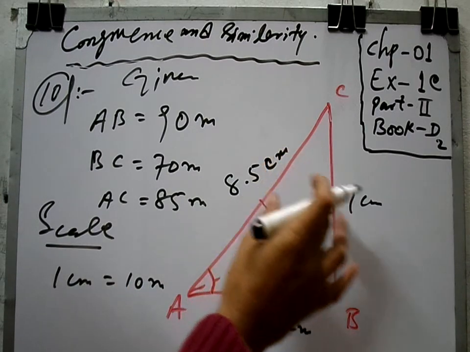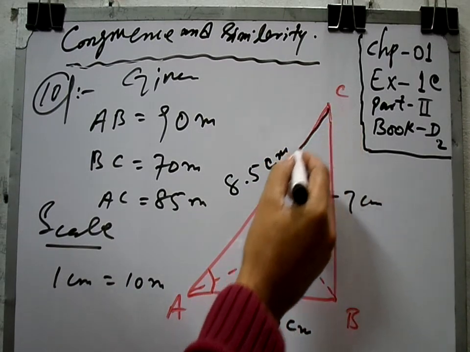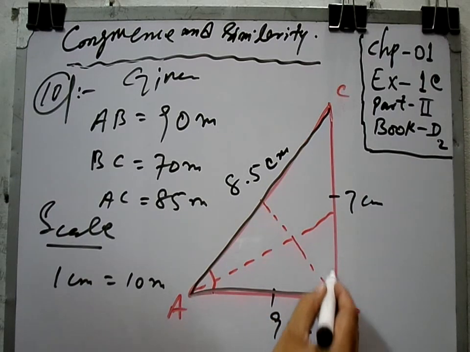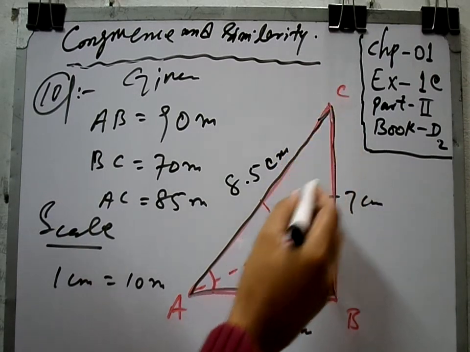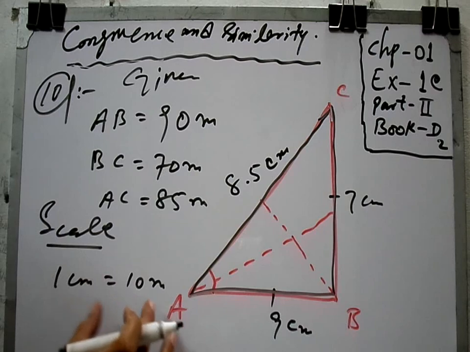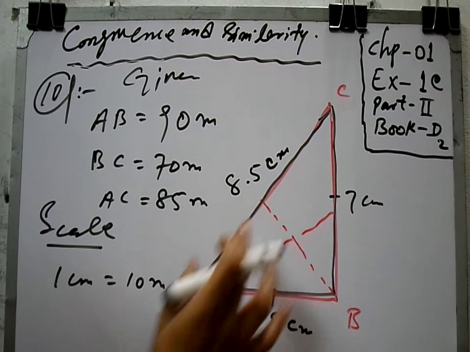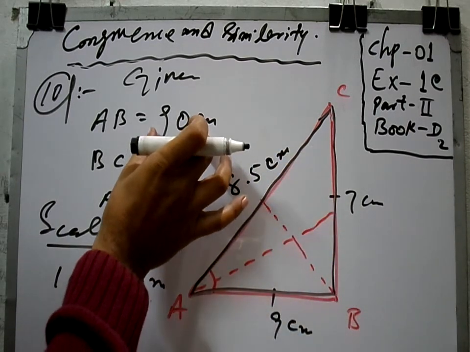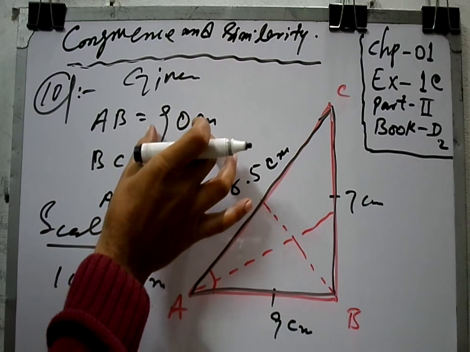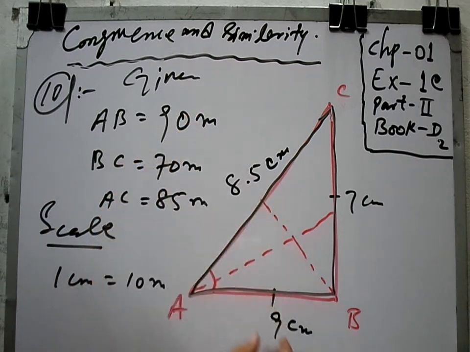So that's why we have written in your diagram in centimeters, because due to the given scale, 1 centimeter is equal to 10 meters. So if 90 meter is given to me, it means divided by 10, so you will get 9 centimeters.